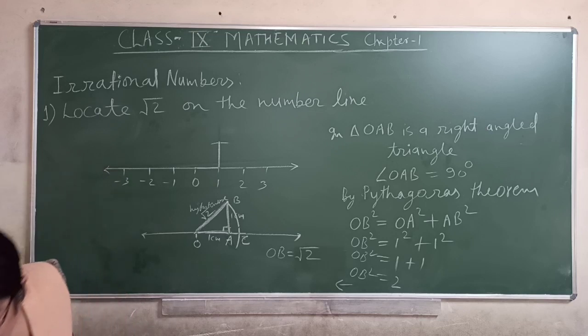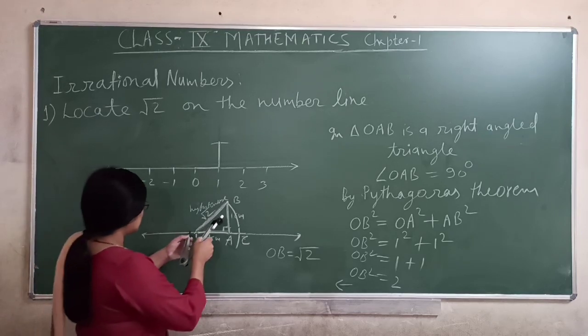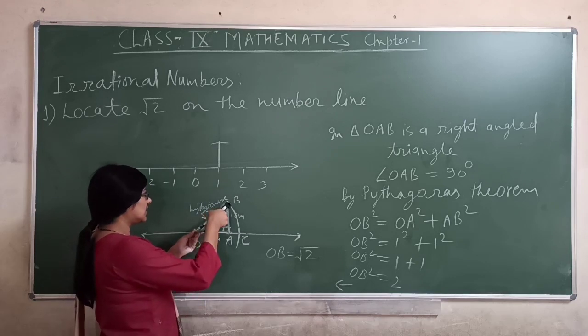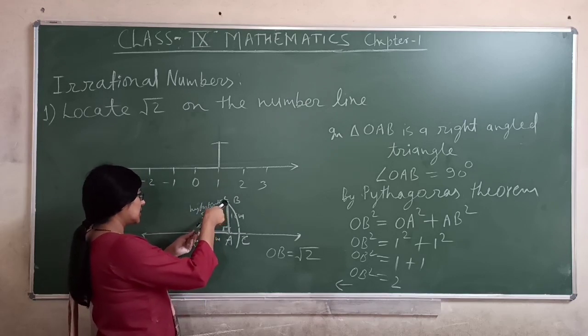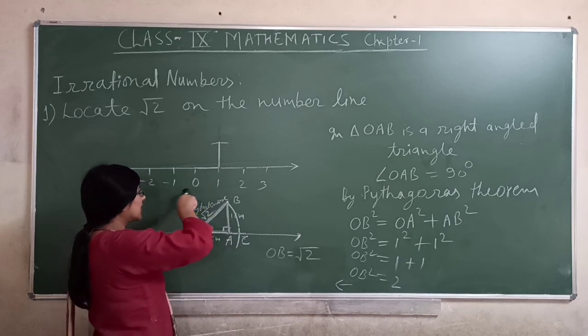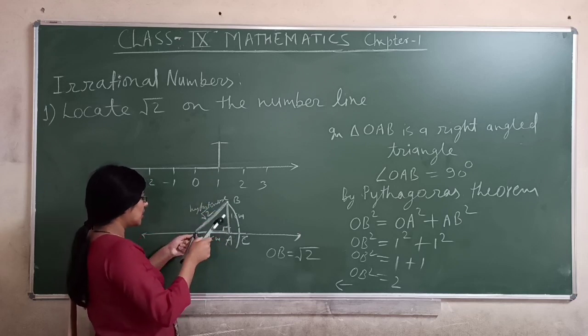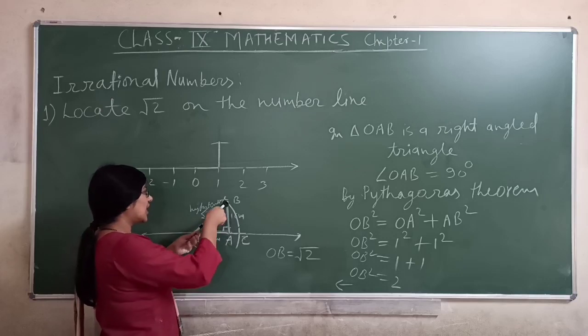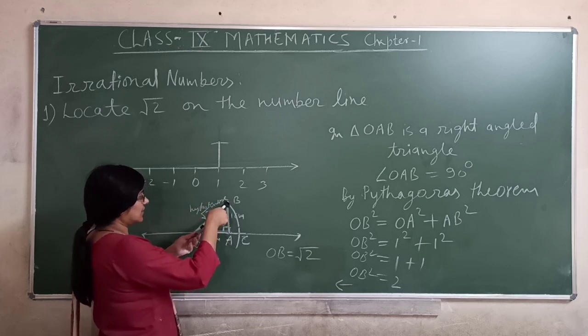Okay, root 2. Now this is the middle of your compass, and here if you complete this whole, what will you get? You will get a circle. So for this, O will be the center and OB will be the radius.